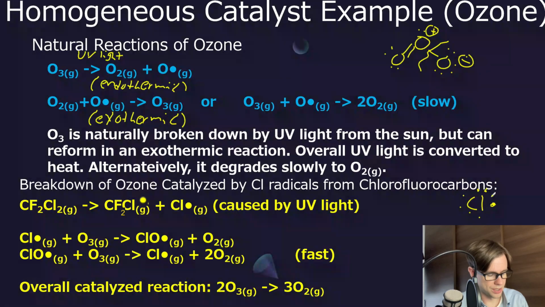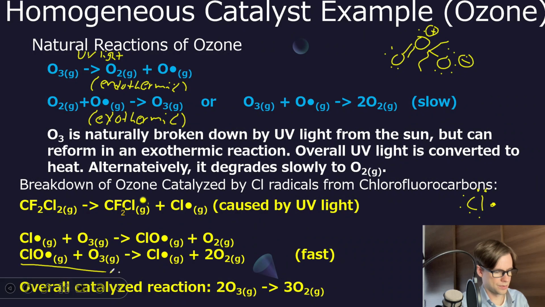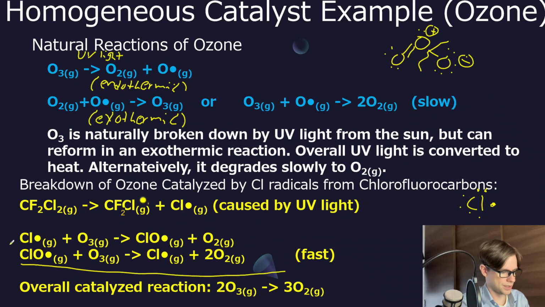The activation energy required is much less, and the transition state, the intermediates, are more stable. And the overall catalyzed reaction, if we just add these together, will cancel out ClO dot and Cl dot, one on each side.